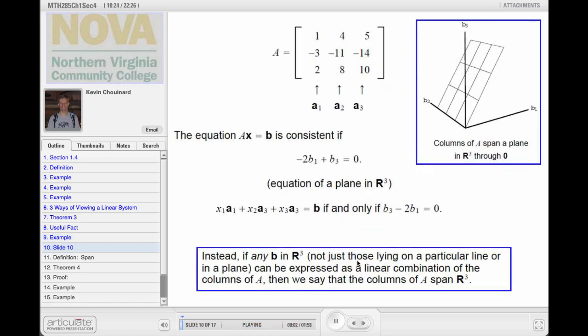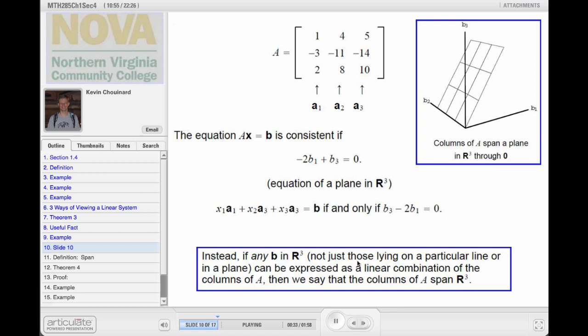Let's expound on that a little bit here. This matrix equation is consistent for some b and not others. We were asking on the previous slide, is it consistent for all b? And the answer was no. But it's consistent for some b and not others. When is it consistent for a particular vector b? It's consistent for a particular vector b if the components of b satisfy the equation negative 2 b sub 1 plus b sub 3 equals 0.